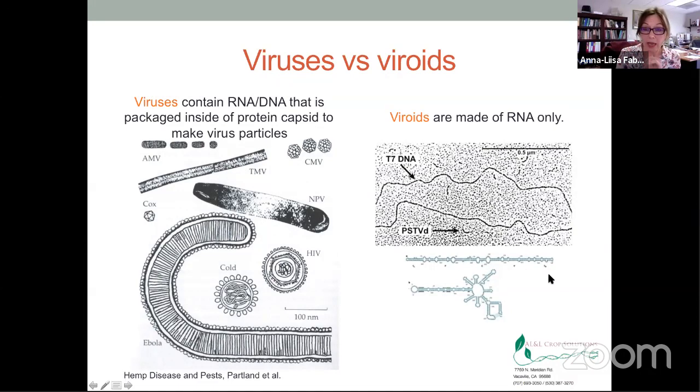So that's the way that they can stay alive in the environment, where there are a lot of RNases, enzymes that actually chew the RNA. So that is the stability. That's a potato spindle tuber viroid here in this electron microscope picture, a very tiny little one here.